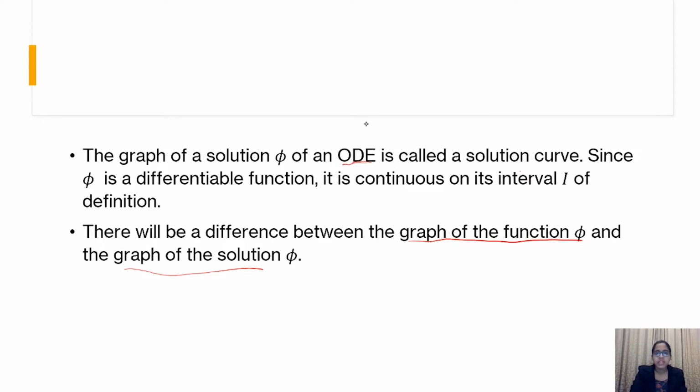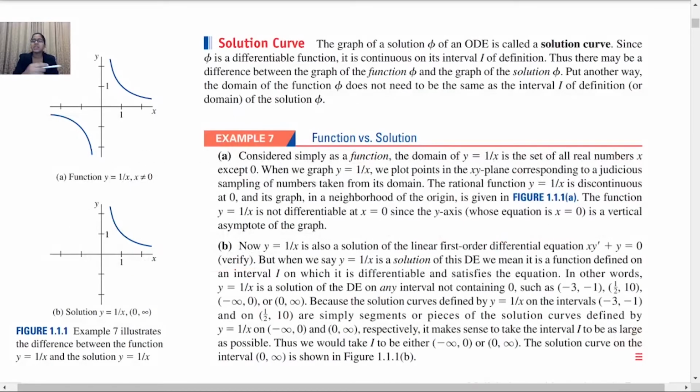So you can see in example 7 of your textbook, we are given the differential equation. If you see in part B, consider the equation x y dash plus y is equal to 0. Then y is equal to 1 by x is a solution of this. How can we verify that?